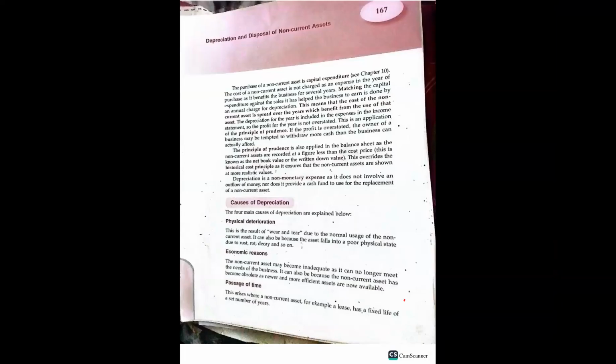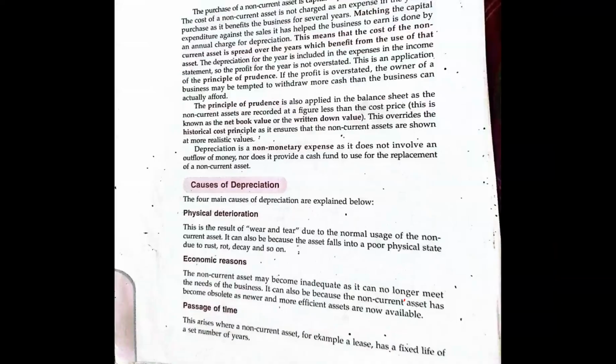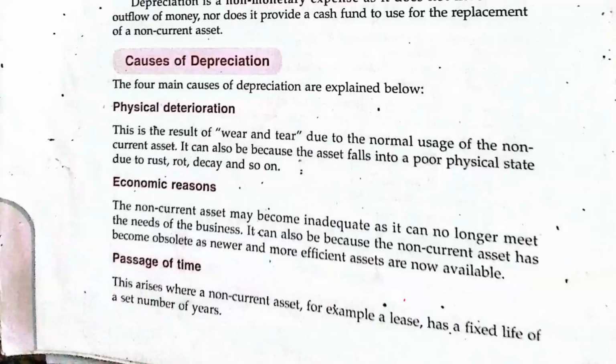Okay. So now, it is very important that you notice that there are several causes of this same depreciation, okay? The following are the four main causes of depreciation. Number one, physical deterioration.